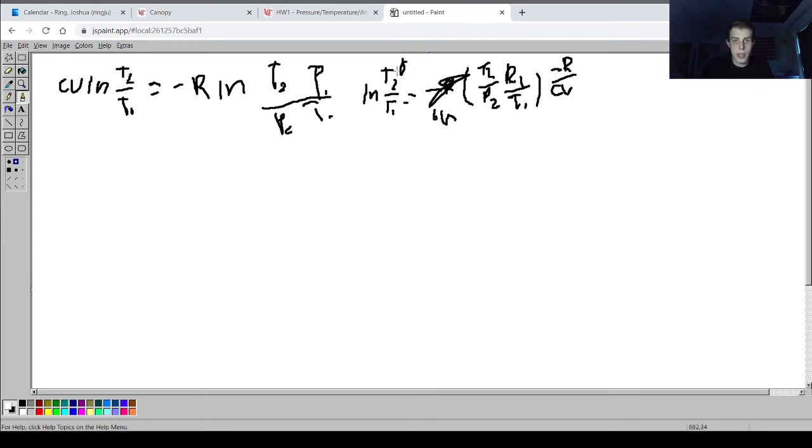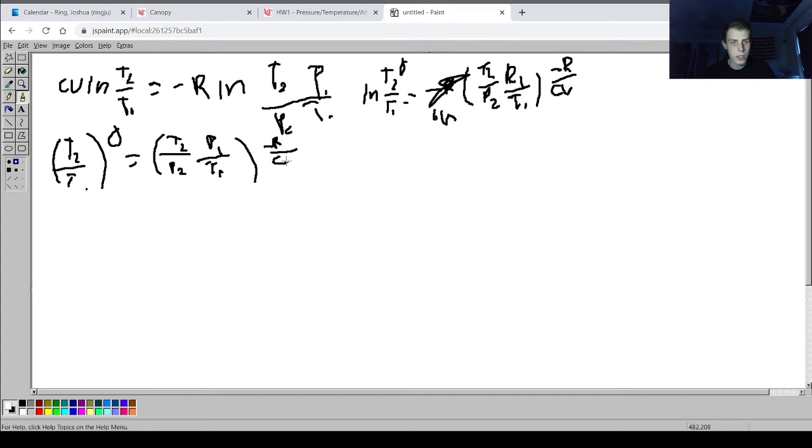So now in our next step, we are just going to get rid of the natural logs. That's going to look like this. We'll have T2 over T1 to the gamma, and on the other side we are going to have T2 over P2 times P1 over T1, and once again it's to the negative R over Cv.